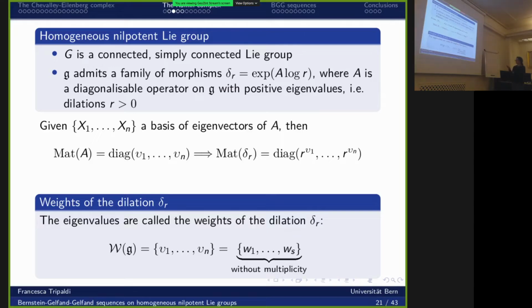But that's not the issue. As long as you can put what are usually known as homogeneous dilations in this sense, then it's called a homogeneous nilpotent Lie group. Usually they're taken to be integers, but these don't need to be integers for us.